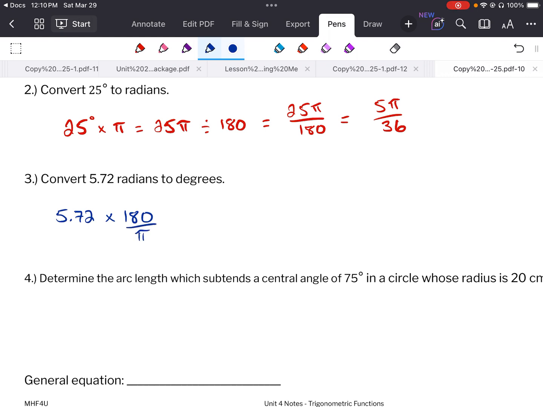And I'm going to just do the divide by pi all at once. So 5.72 times 180 is 1029.6, divided by pi, which gives me 327.72 degrees.